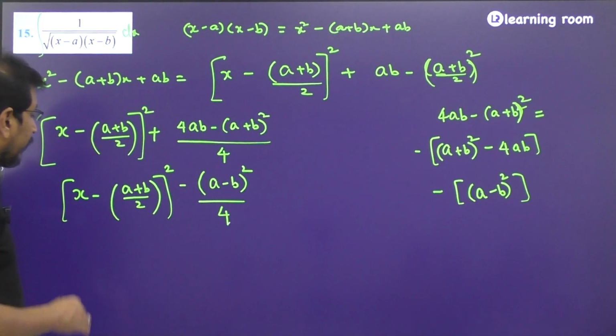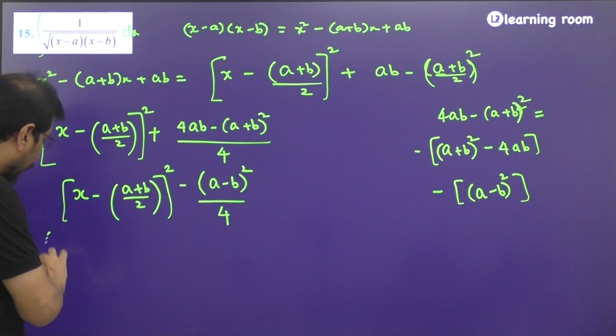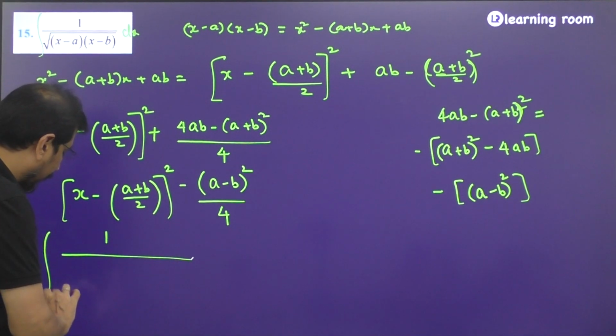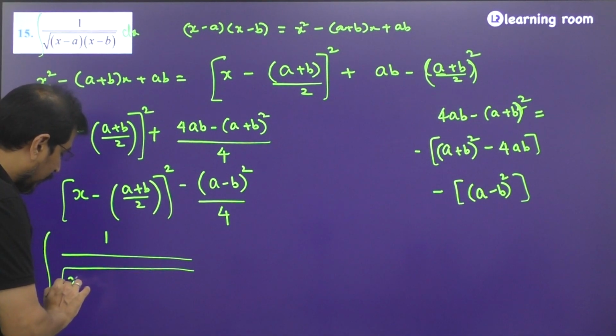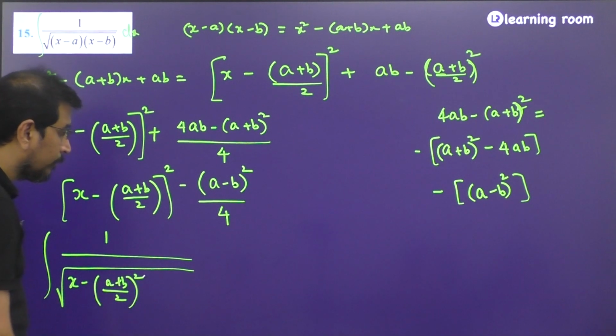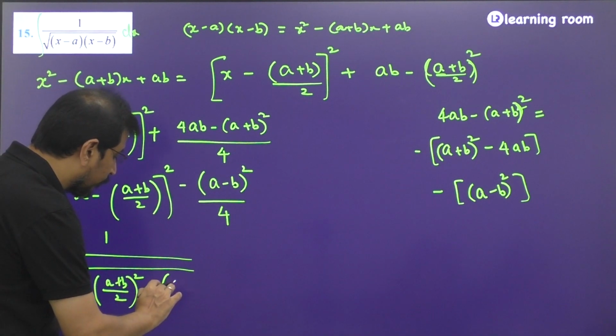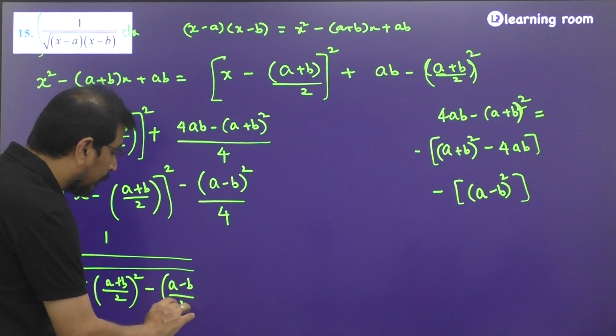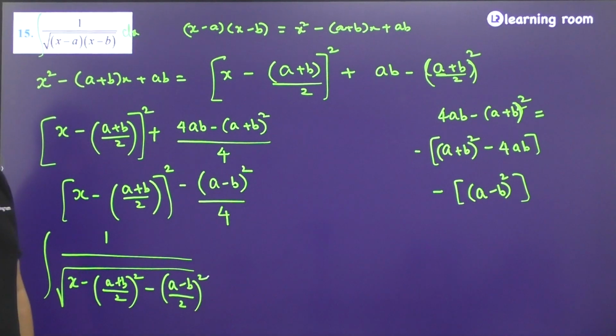Is that point clear? So all that you need to find is the integral of 1 divided by the square root of (x minus (a plus b) by 2) the whole square minus ((a minus b) by 2) the whole square. Am I right?